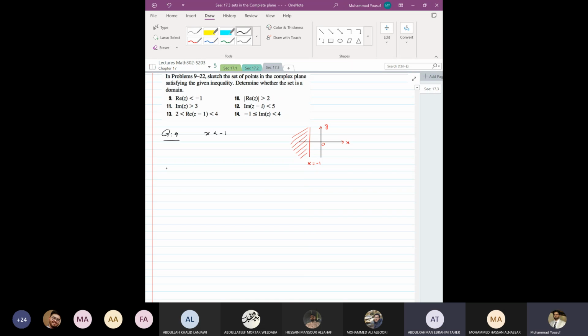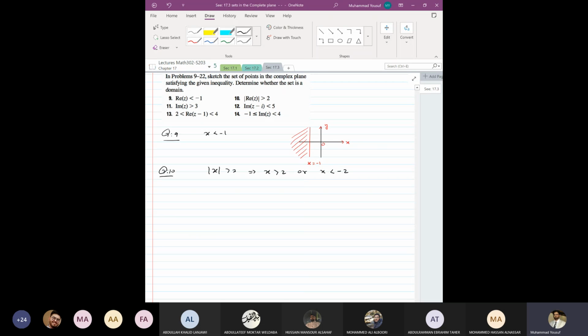What is question number 10? 10 is the absolute value of real part of z, that is, the absolute value of x is greater than 2. This means x is greater than 2 or x is less than -2.